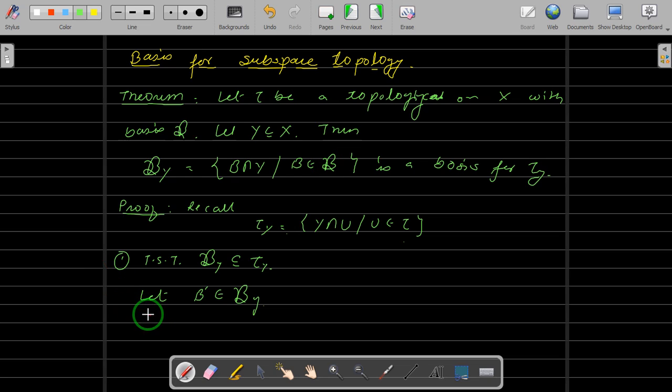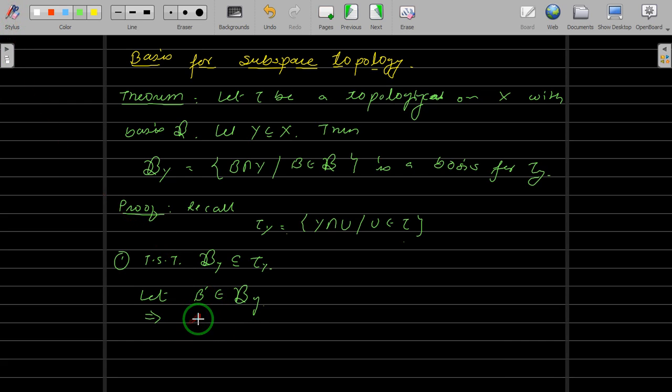So this implies there exists B belonging to script B, because of this, such that we can write B dash as B intersection Y, or Y intersection B. Now since this script B is a basis for topology tau, that means script B is a subset of tau.